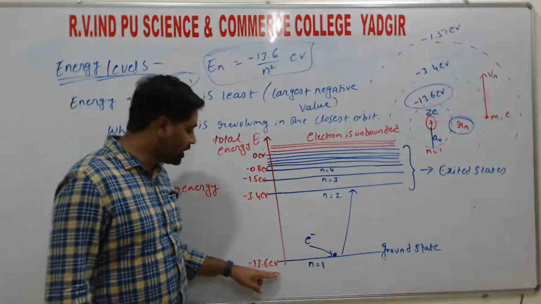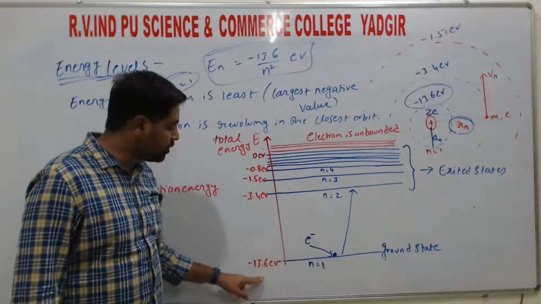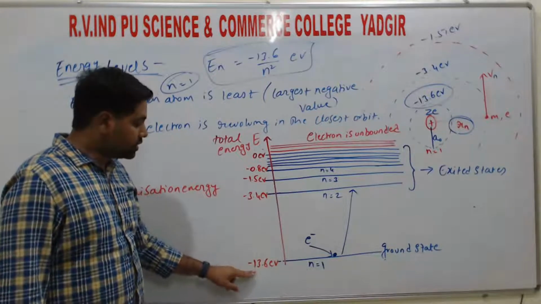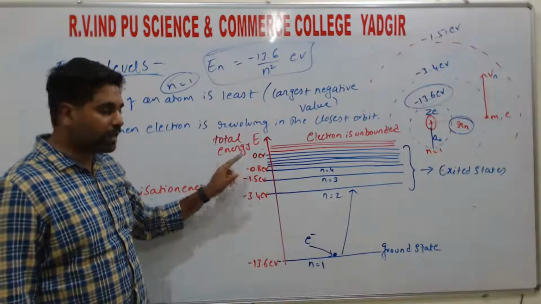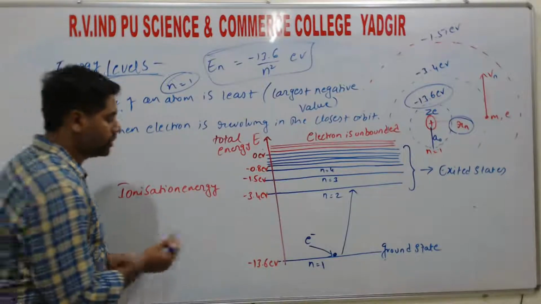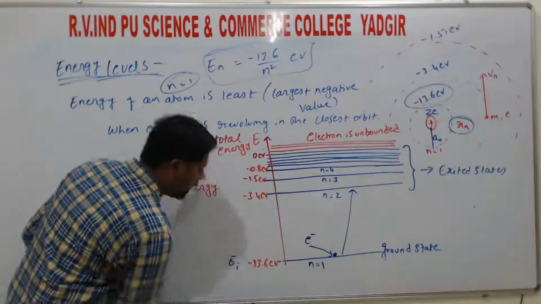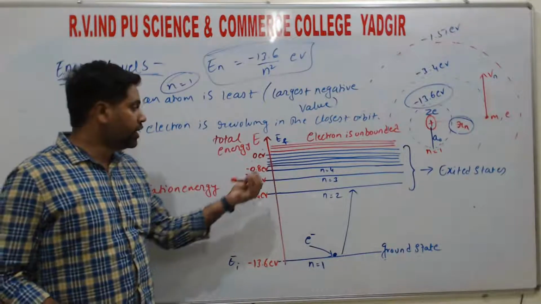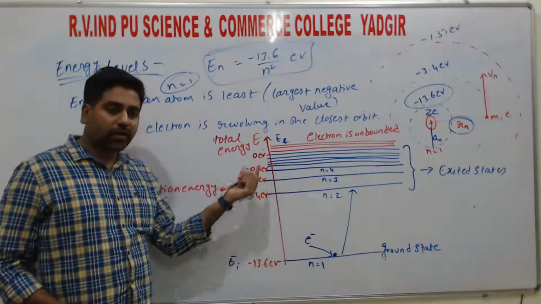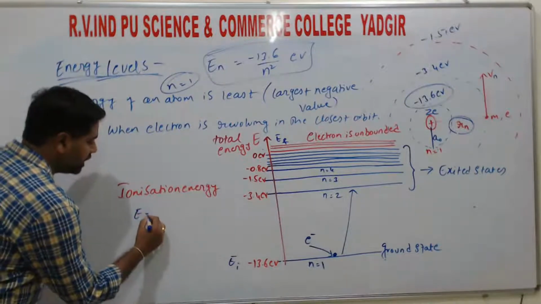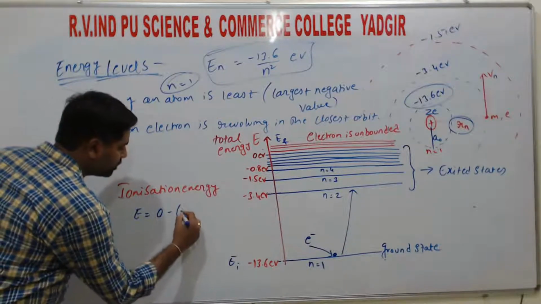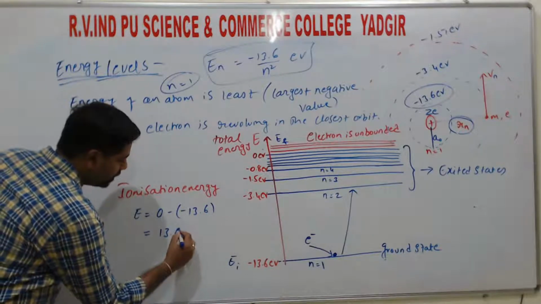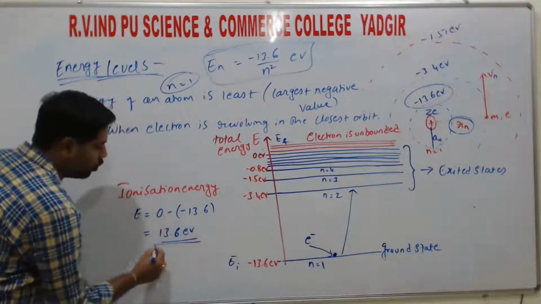For ionization energy, here we have minus 13.6. So minus 0, that is E. This is the initial EI, and here we have EF. The minimum energy is 0 electron volt. That is E equals 0 minus of minus 13.6. Then we get 13.6 electron volt.